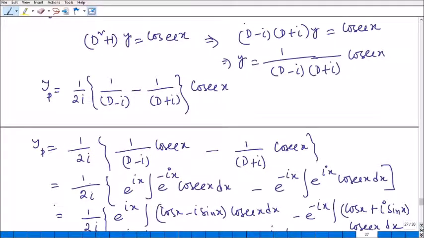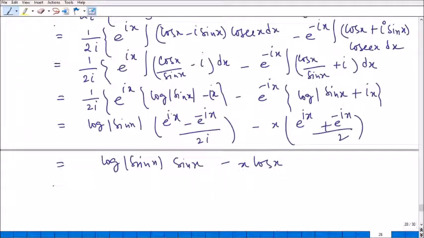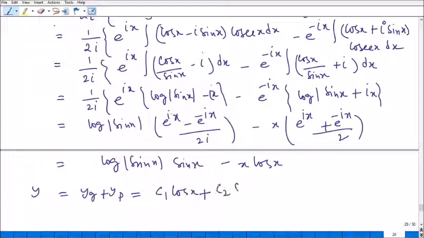So the complete solution is yg plus yp. So here yg is c1 cos x plus c2 sin x, and minus x cos x plus sin x into log of sin x.